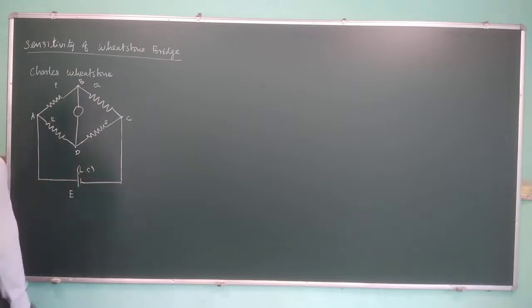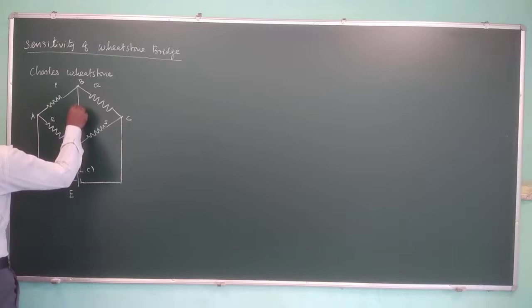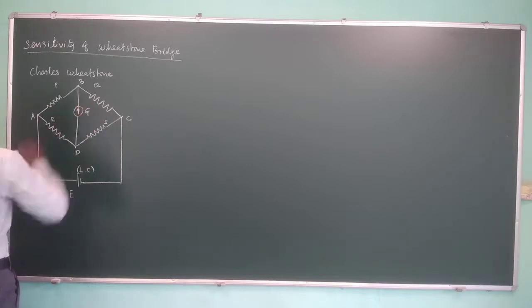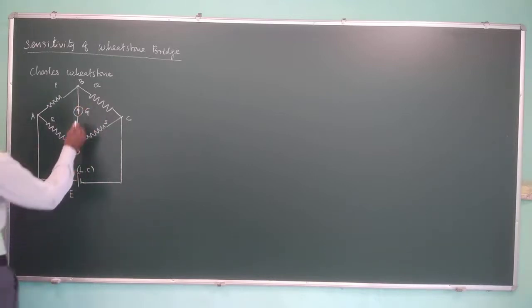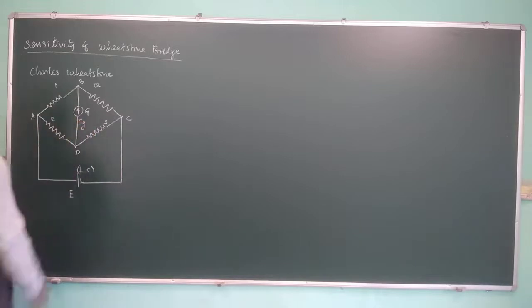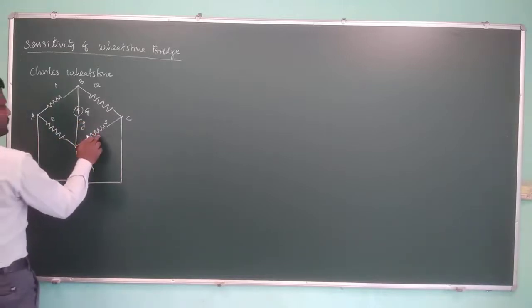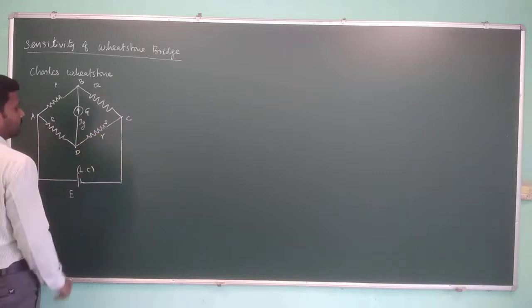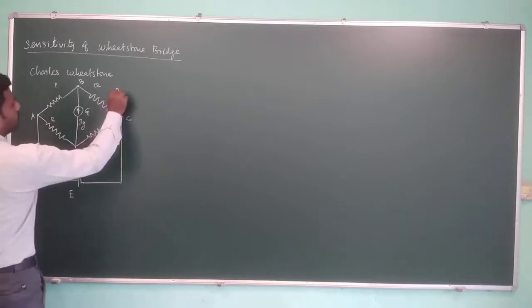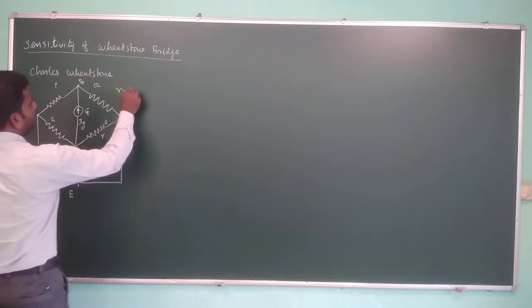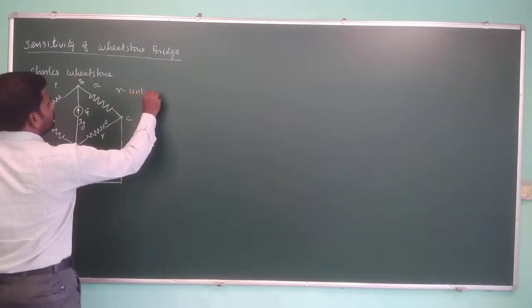Let us denote this as E. And here the galvanometer is connected, and the galvanometer resistance is denoted by G. The current through the galvanometer is denoted by Ig. Now this resistance is named R, and let us take it as an unknown resistance.